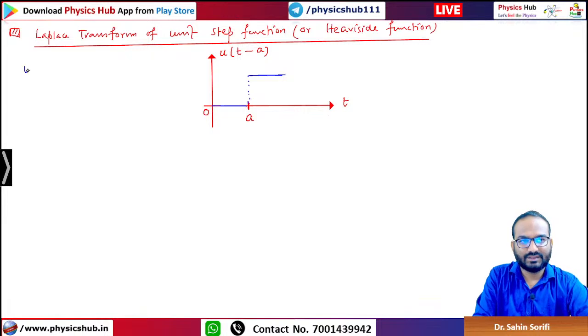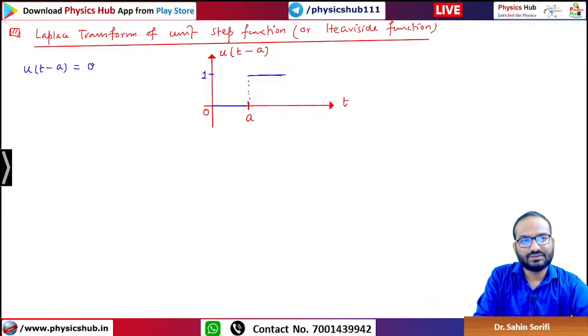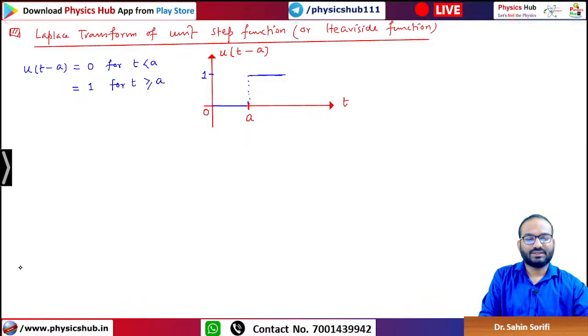So mathematically u(t minus a), this is a unit step function, this is 1. You can see it looks like a step or staircase of unit height. So this is equal to 0 for t less than a, and equal to 1 for t greater than or equal to a. This is the definition of the unit step function.